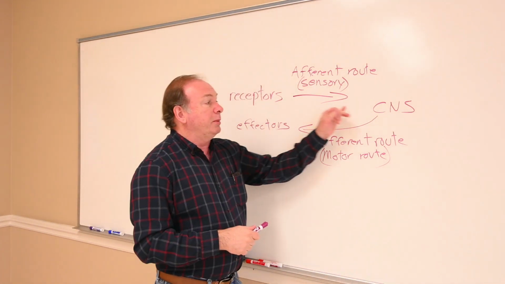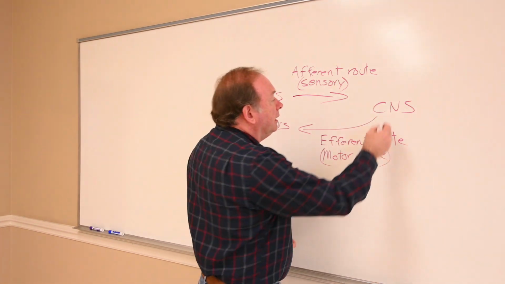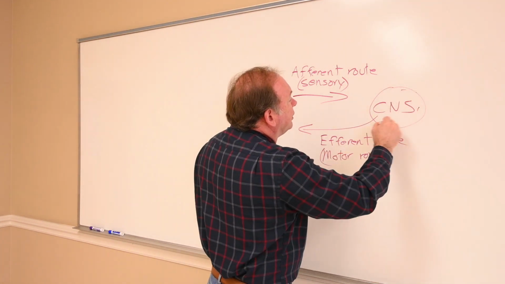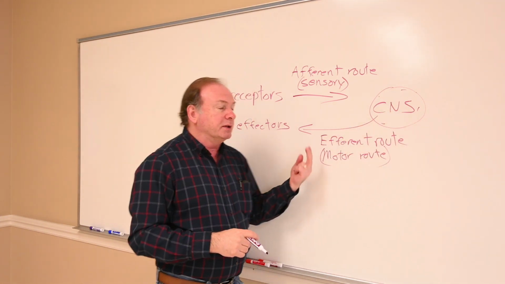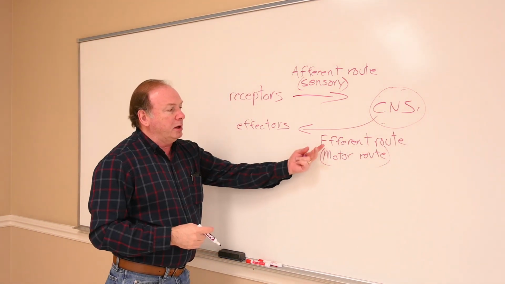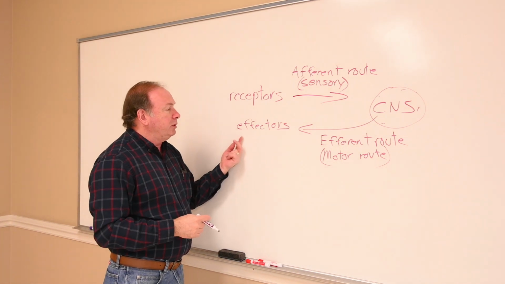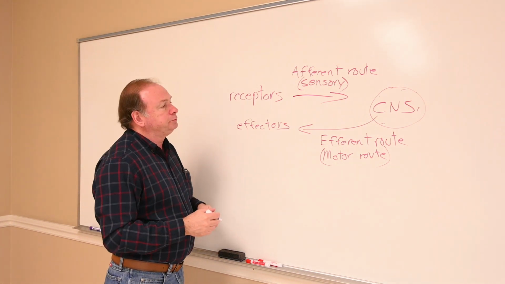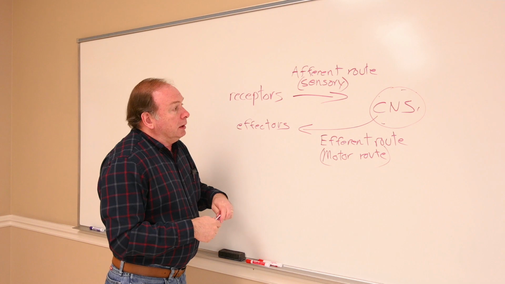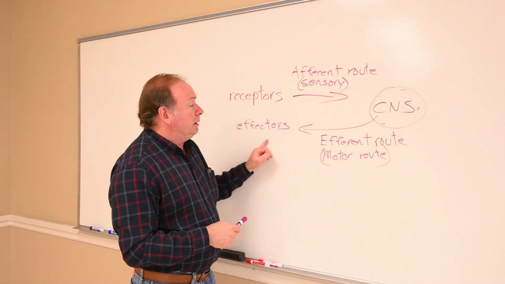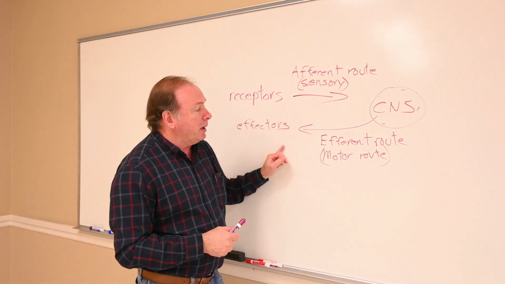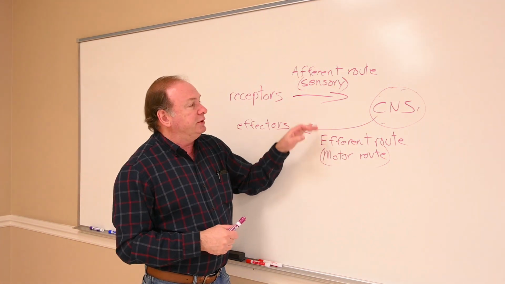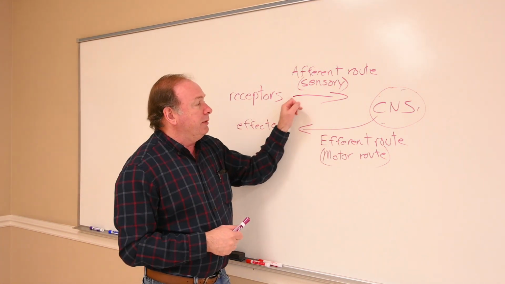So messages come into the central nervous system, different sorts of integration of your response happen there, and then you can send the signal back out the other way along your efferent route, your motor route, to the effectors. Now, not all responses out here have to be generated by receptors.